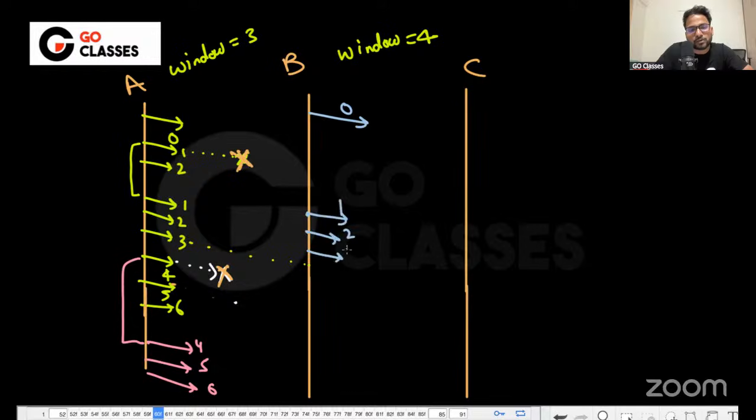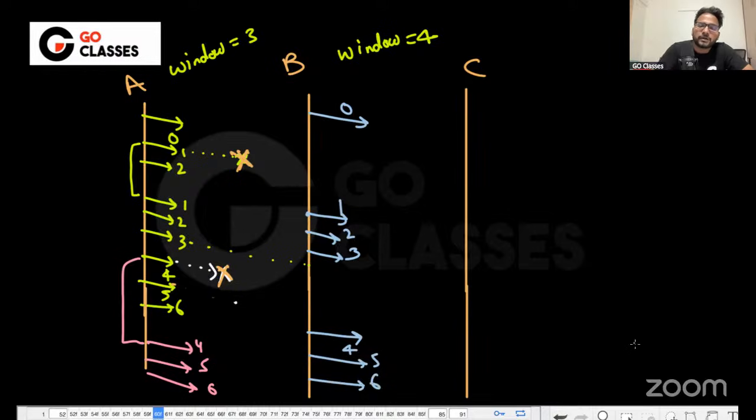Now 4 has not been received, so it will not accept 5 and 6. 5 and 6 will be rejected because the receiving window is Go-Back-N, which has just one window size. The moment it gets 4 again, it will send 4, 5 and 6.